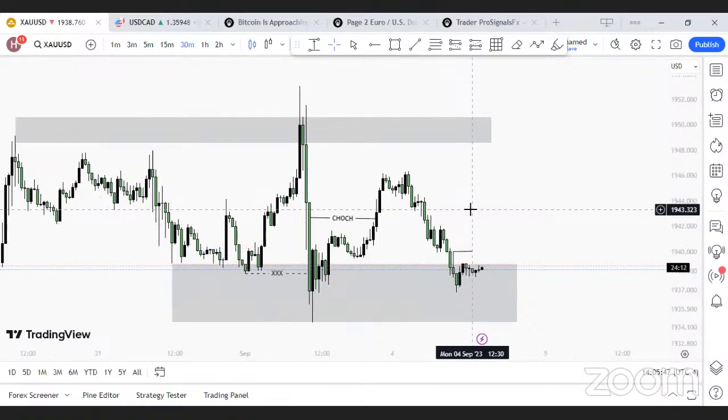If you are just joining us for the first time and you don't know what we are doing right now, what we are doing here is called technical analysis. In forex trading, before you can become a forex trader, you need to know how to analyze the market, that is, how to see the market.